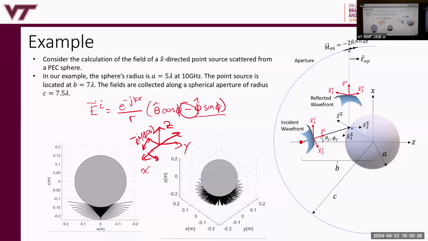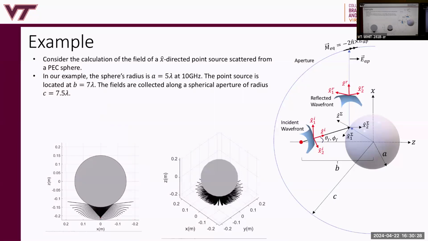All right? Okay, so you put that kind of source here at a distance b away from the sphere of radius a. So we have some ray we're going to launch here. That ray is going to carry a piece of a wavefront associated with it, right? That wavefront has a pencil coordinate system, x1 incident, x2 incident, z incident.